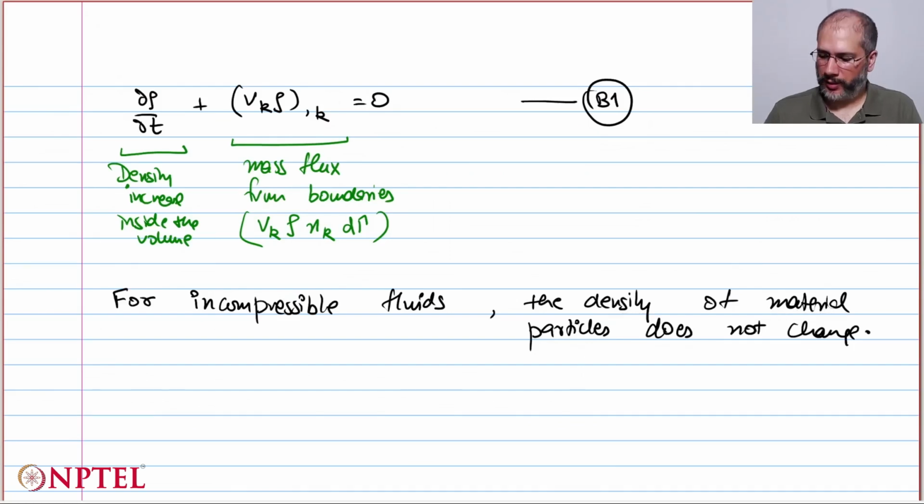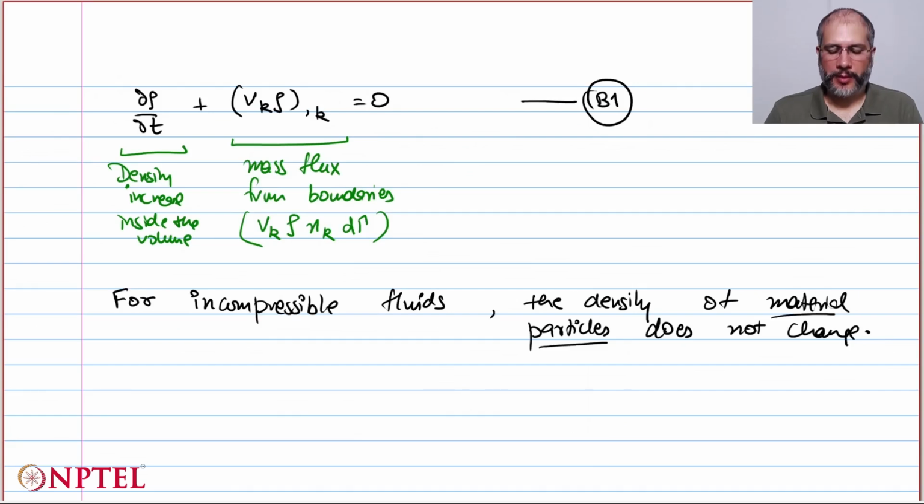Please note that this idea of material particles is very important, because for something to be incompressible, for a given material particle, its density should not change. Don't confuse it with the density change at a given point in space. Incompressibility requires that the density of a given material particle should not change.